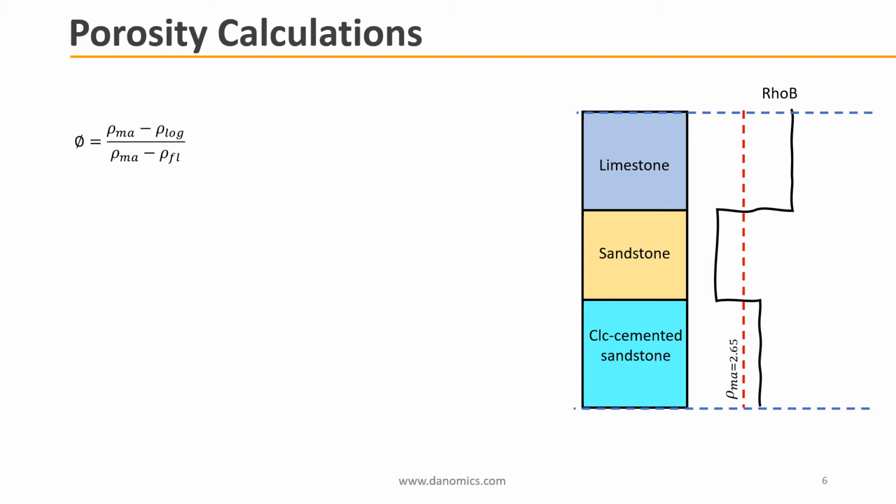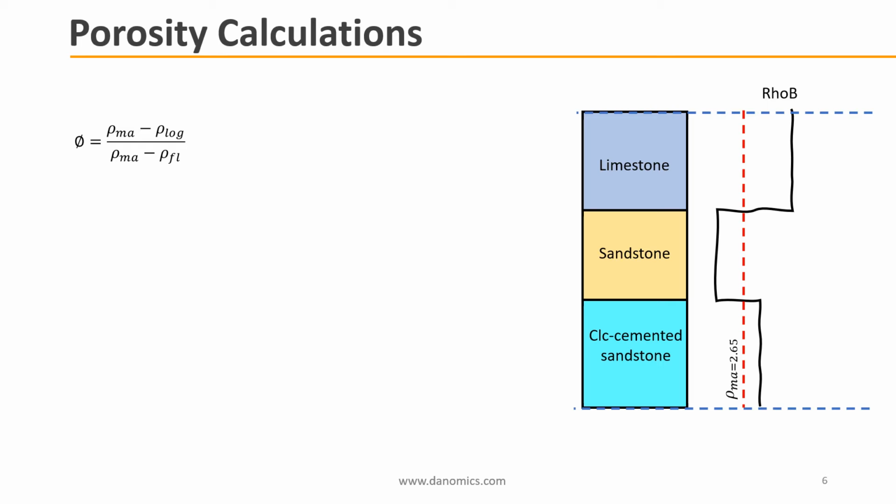So in this case, if we want to analyze our sandstone, we might set our rho matrix at 2.65. This would give us a correct answer for our sandstone unit, because this does have a matrix density of 2.65. However, we would be underestimating the porosity for our limestone unit and our calcite cemented sandstone unit here.